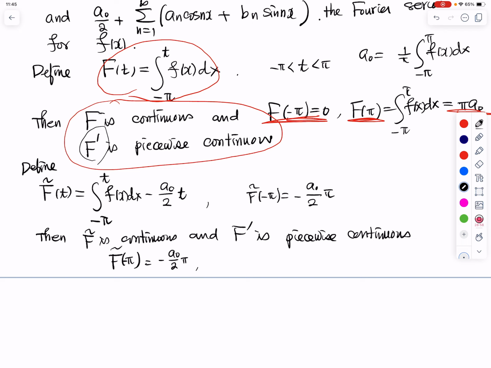And then you compute f tilde of pi. Minus pi, this is 0. So pi, then you have the integral from minus pi to pi of f(x) dx. When you put in pi, you get a0 over 2 pi.